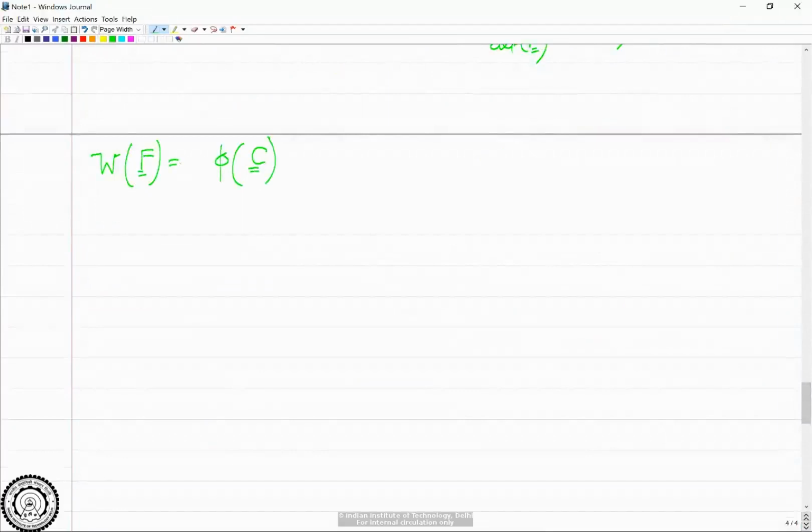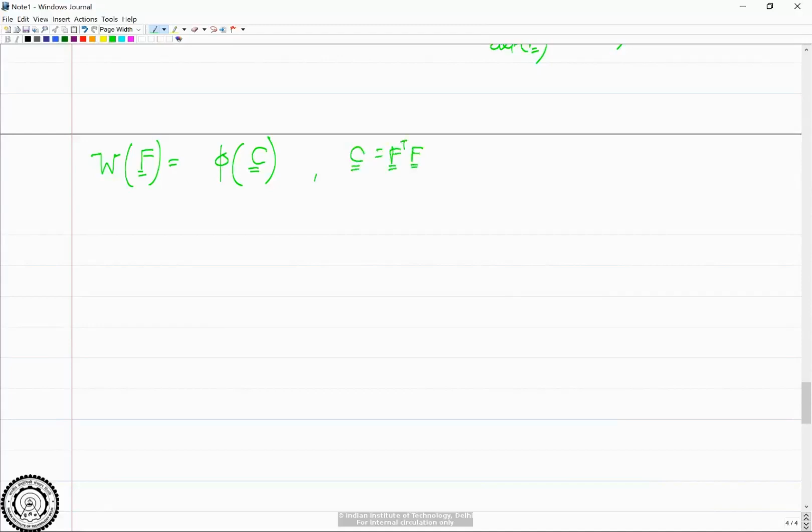Because W of F has to just depend on U, and U is the square root of C, so it finally depends on just C, where C is F transpose F, the right Cauchy-Green tensor.